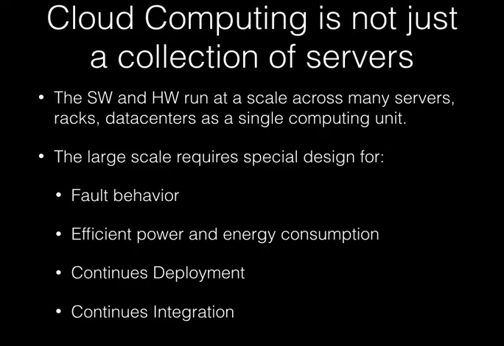This is why cloud computing looks at it as a cohesive story, and takes care of the fault behavior and makes sure that the provisioned resources are tolerant to faults.